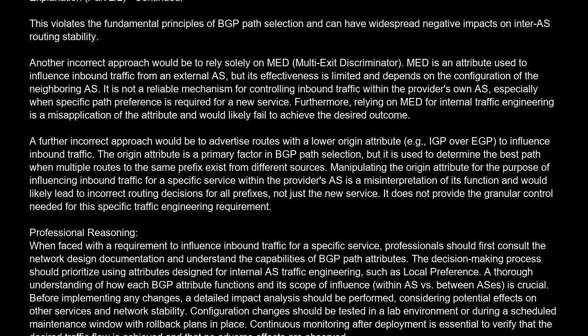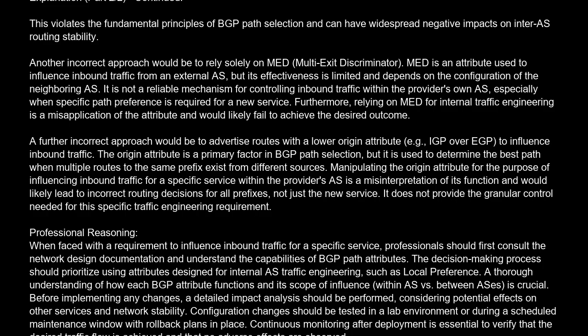Professional reasoning. When faced with a requirement to influence inbound traffic for a specific service, professionals should first consult the network design documentation and understand the capabilities of BGP path attributes. The decision-making process should prioritize using attributes designed for internal AS traffic engineering, such as local preference. A thorough understanding of how each BGP attribute functions and its scope of influence within and between ASs is crucial.